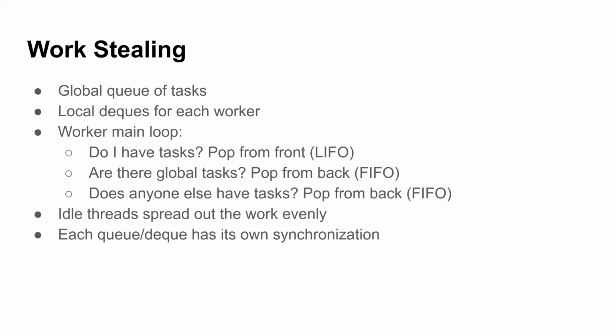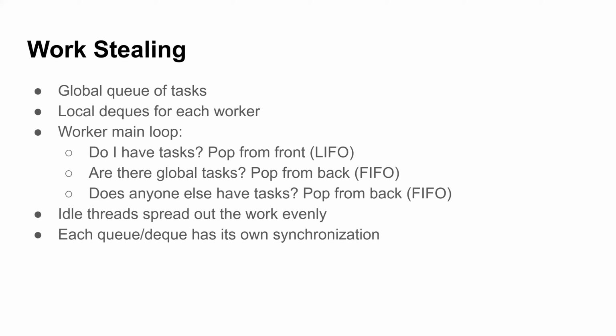So let's talk about work stealing. This is kind of what I was getting at earlier, but the general idea is that naive implementations of the thread pool will just have a simple global queue of tasks and a local deque for each worker. So the main loop of the worker basically says, okay, do I have tasks? If I do, pop it from the front, last in, first out.